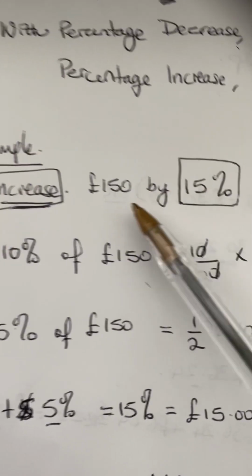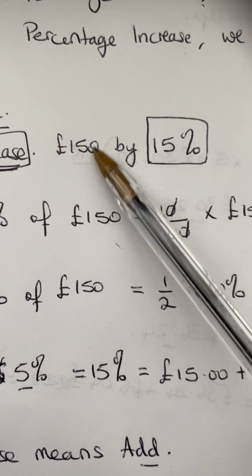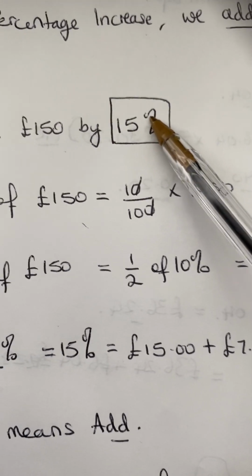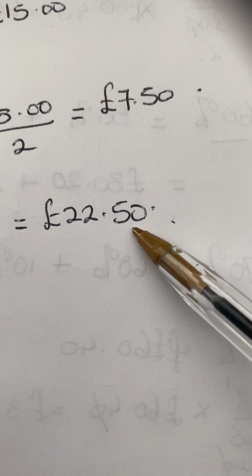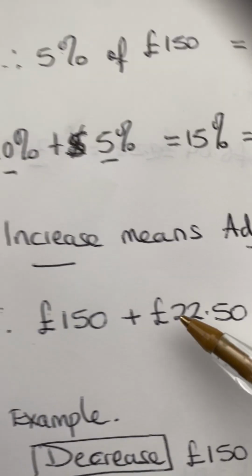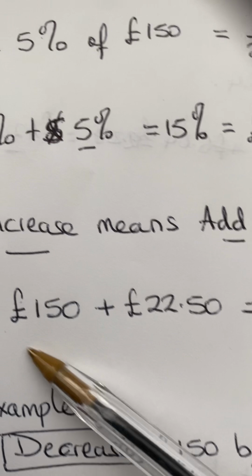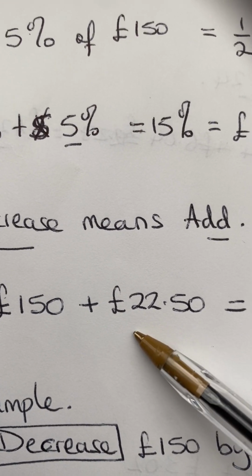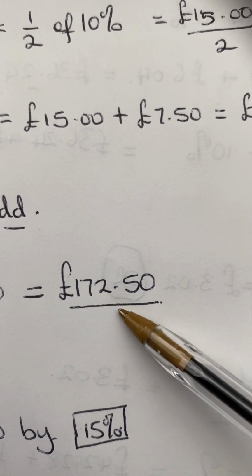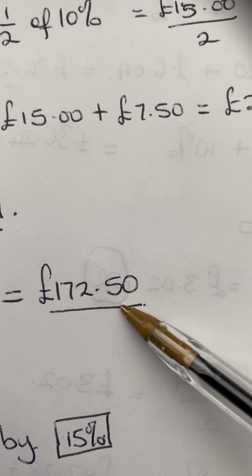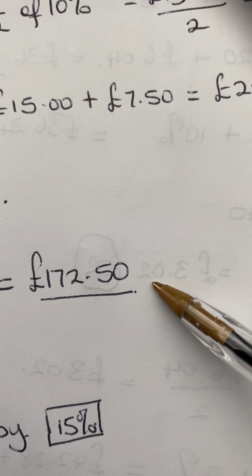You are increasing the value of £150 by 15%. That's what it means. So your £22.50, you add it to £150, which you can do off the top of your head without a calculator, which will give you £172.50. Okay.